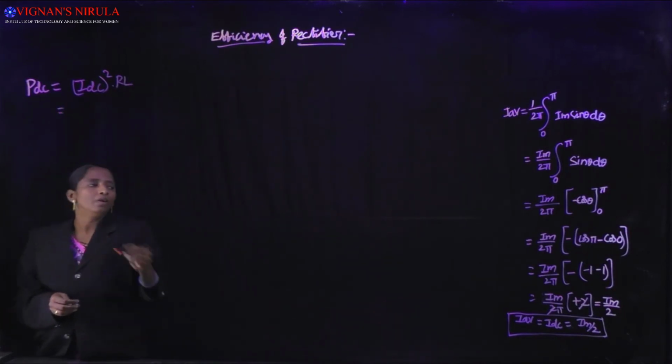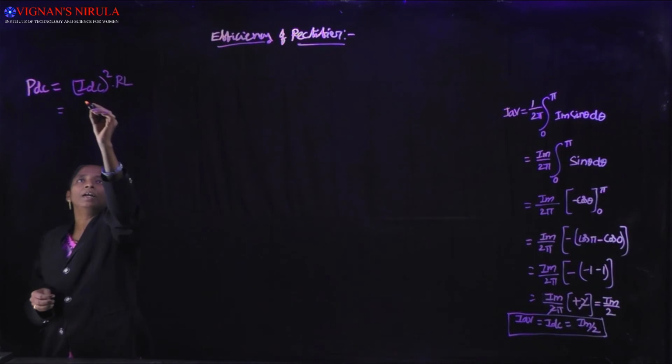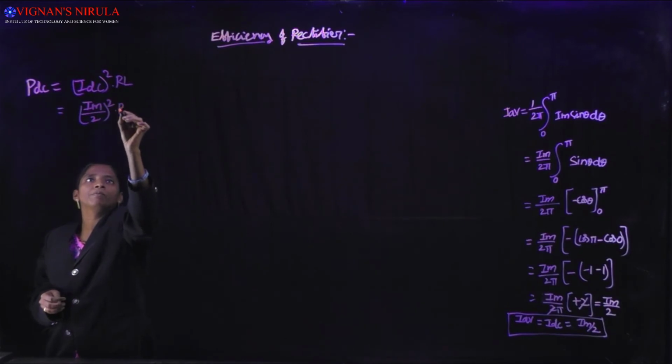So we know IDC equal to Im by pi, so Im by pi whole square into RL.